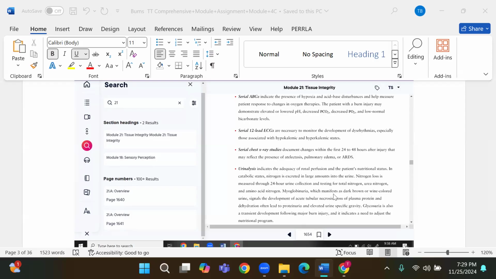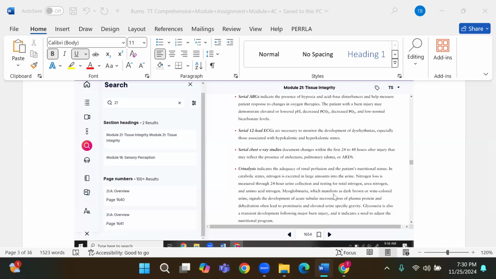I'm going to point one thing out that wasn't mentioned. It was mentioned, but I didn't think you would catch it. When you have trauma to the body and trauma to the muscle in a burn patient, it's almost like rhabdomyolysis that you have heard about before. The muscle will release myoglobin and it will cause the urine to turn dark.